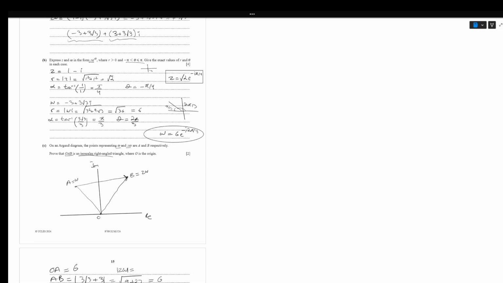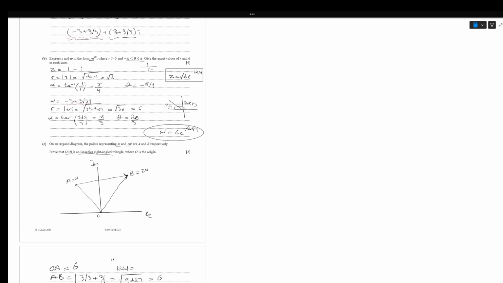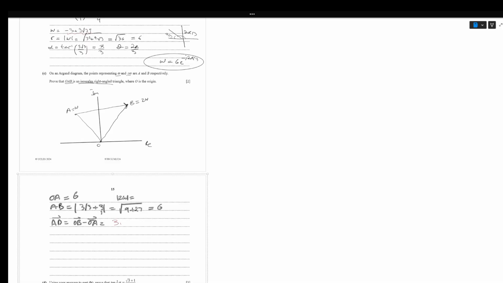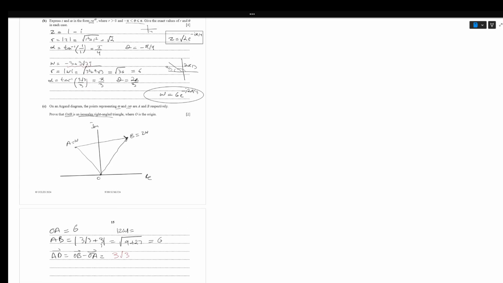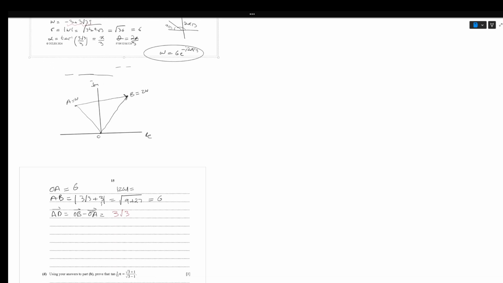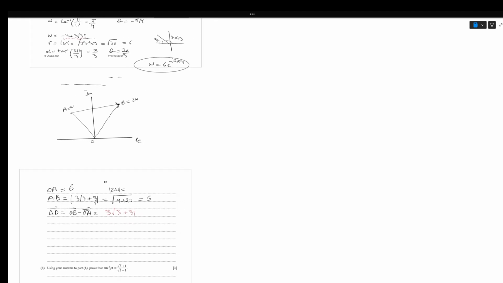A was -3. तो what I'm doing is कि this minus this gives me the AB which is 3 root 3 and then 3 plus 3 root 3 minus 3 root 3 which gives a 3i. Yes, 3i.